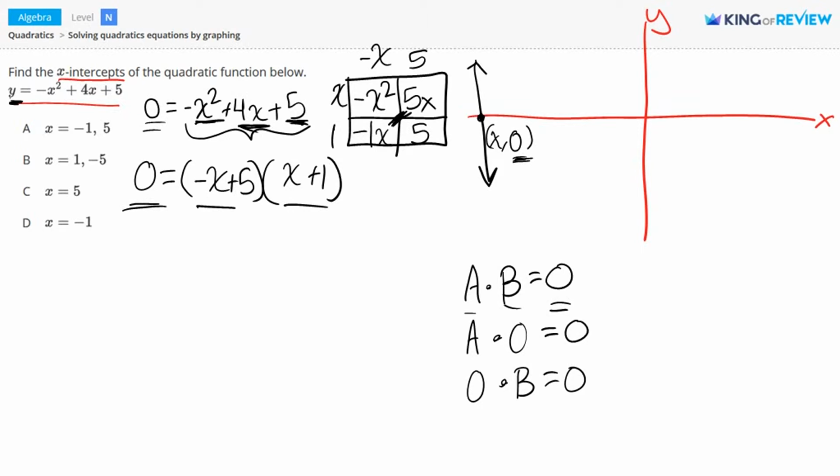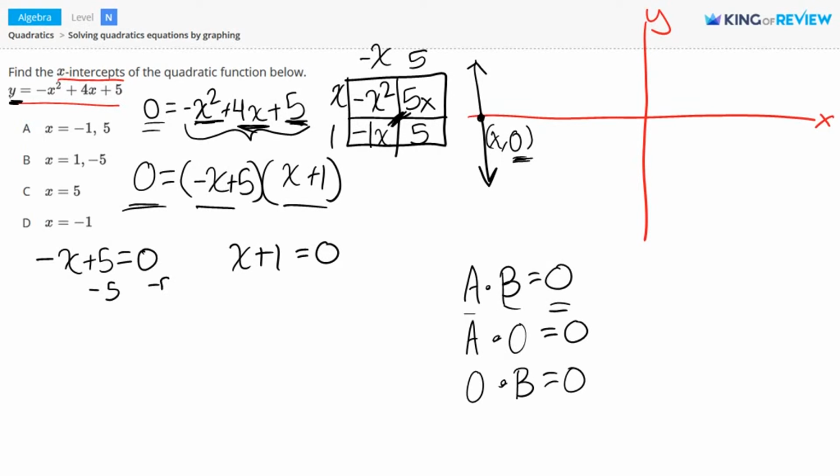So let's do that. Let's set each of these terms equal to 0 and solve for x. Negative x plus 5 equals 0, and x plus 1 equals 0. So we'll subtract a 5 on both sides. This gives us negative x equals negative 5. Now negative x is the same thing as negative 1 times x.